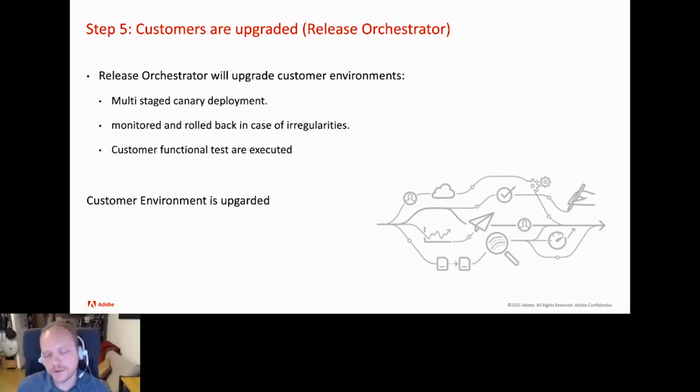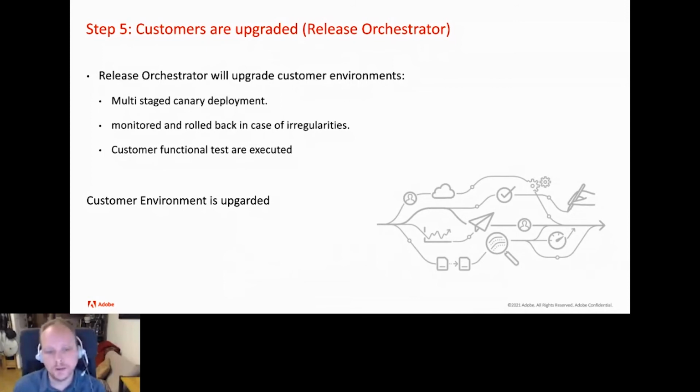Here it is very interesting to express that this is a multi-stage canary deployment. What it means is we have a big set of customer deployments, but we start very small with a small set. To be honest, we start with a small internal set of customers, and then we move to the next level, a little bit bigger step, and a bigger one until we have upgraded all the environments.